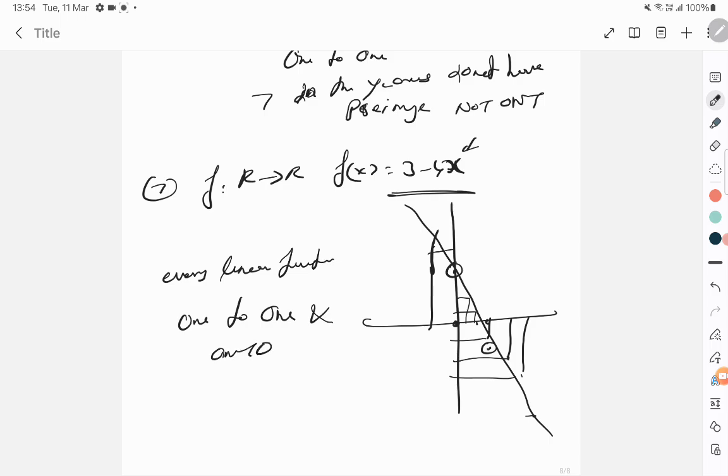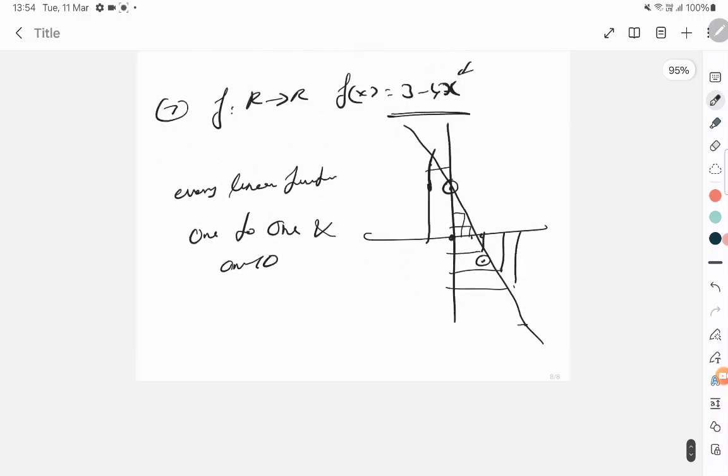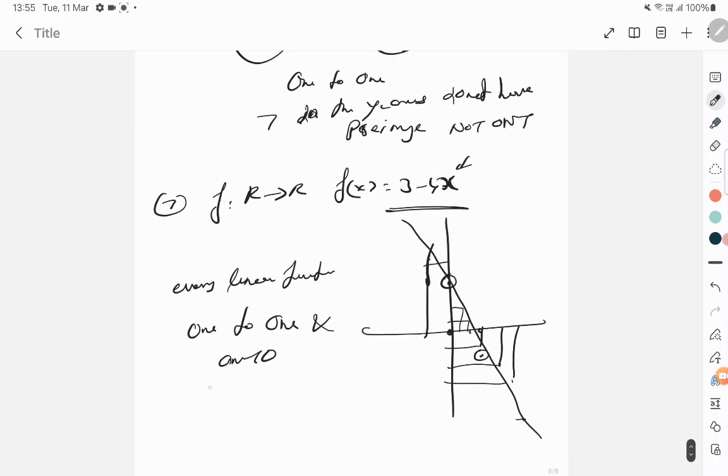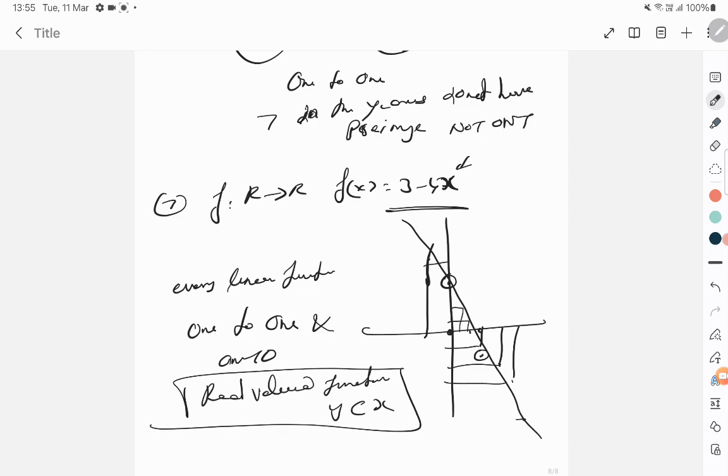From the graph itself you can see. This is a real valued function, where y is a subset of x. You've learned it in 11th standard. So that is clear. Okay, let's go to next.